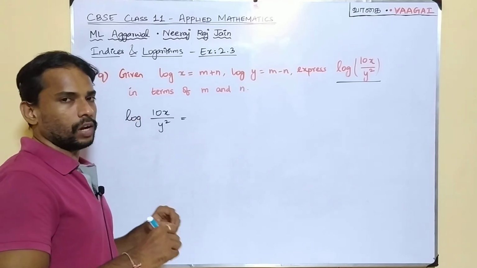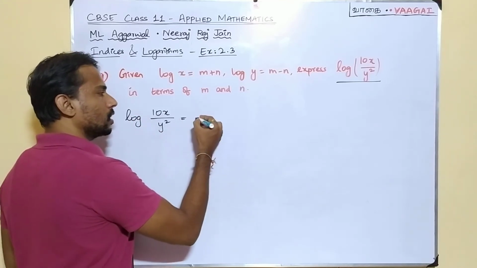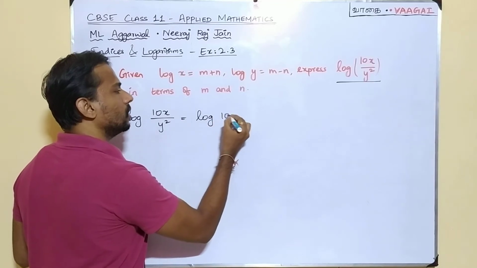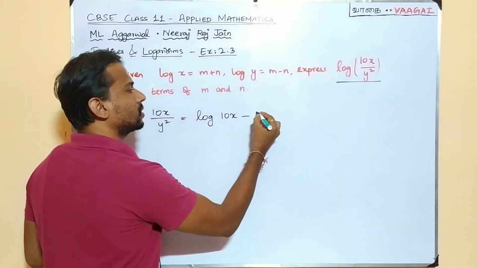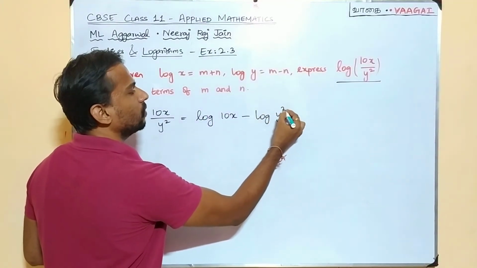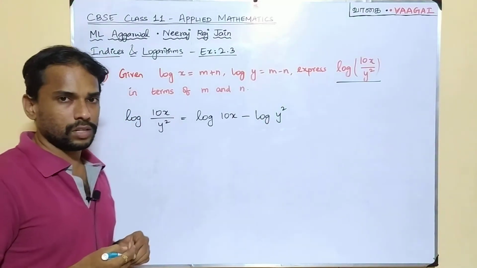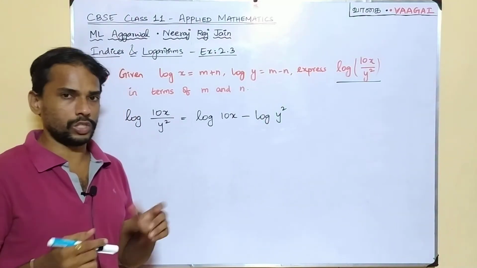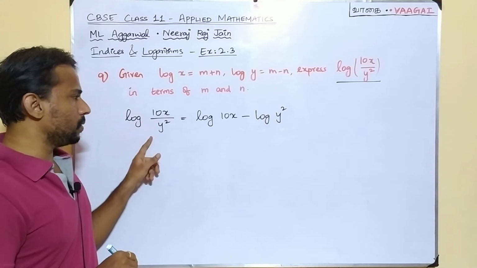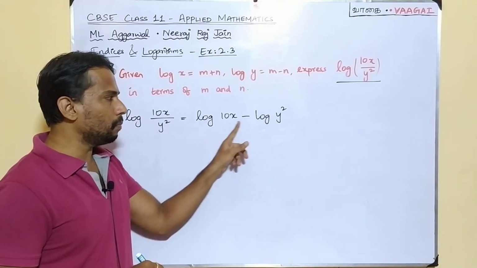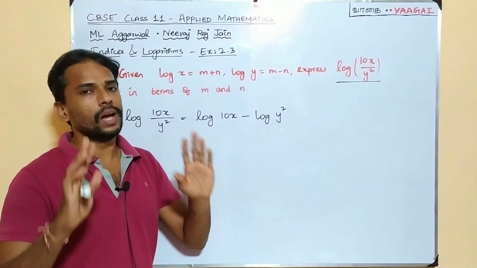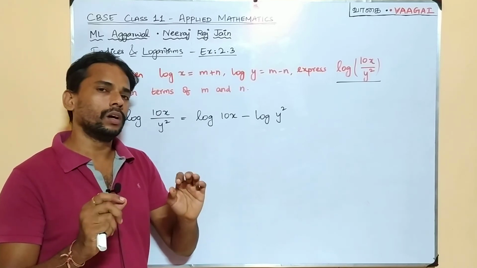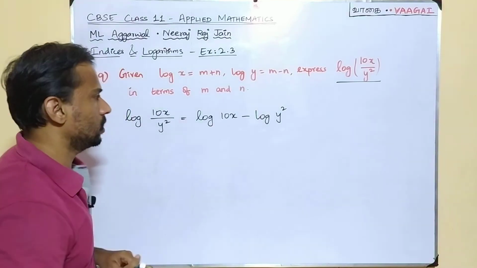So I can rewrite this as log of a minus log of b. I can very well write like this, no issues at all. So log of a by b can be written as log a minus log b. I'm just simply using the quotient rule. That's it.